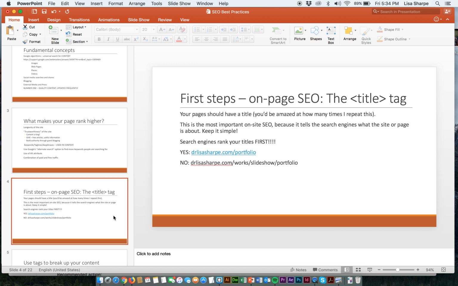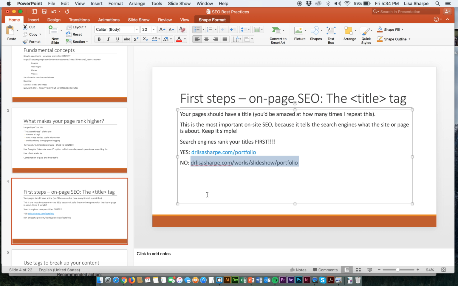So, for example, we're looking at my little yes and no examples here. drlisasharp.com/portfolio is descriptive, but I don't want to bury my most important information, for example, my portfolio, into multiple layers within your website. So in other words, I don't want the most important information in the submenu.